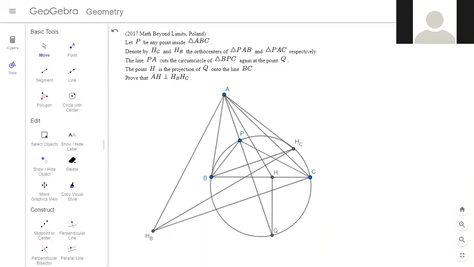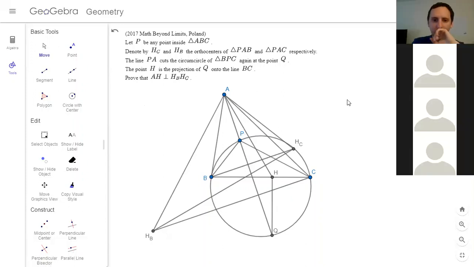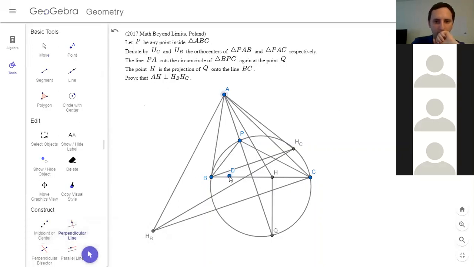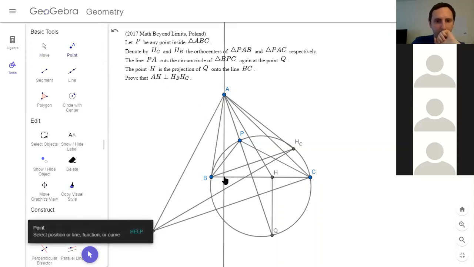I think we can use that the perpendicular from A to BC. Okay. Because it is perpendicular to BC and AH is perpendicular to HBHC. Okay, can be useful. All right. You want me to let it meet the circle?